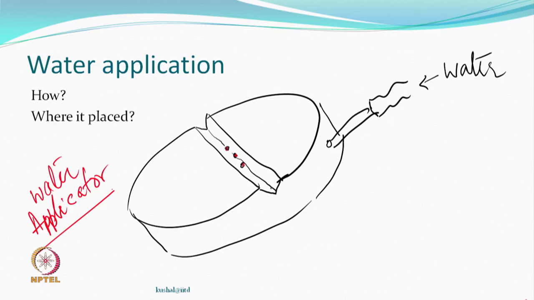So, this applicator may look like this. It is like a hollow vessel which is sealed completely. The water obviously is allowed to go through a nozzle into a hollow chamber, and this chamber has some orifices through which the water will ooze out.